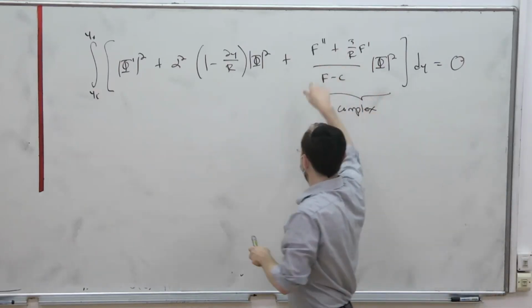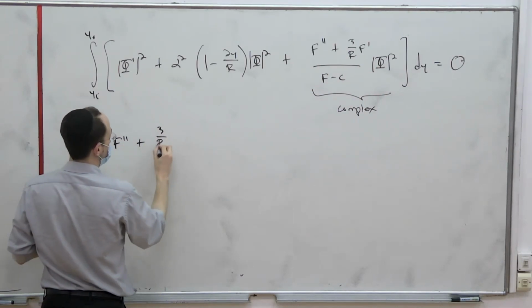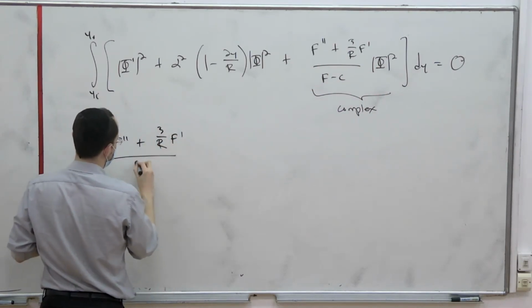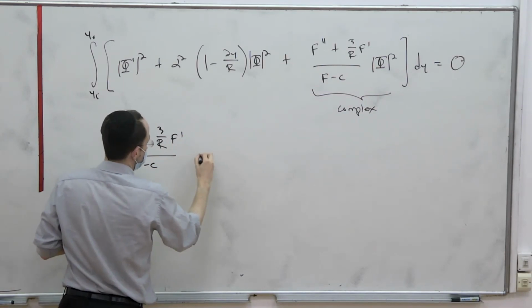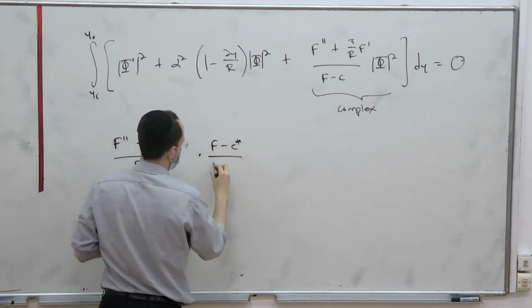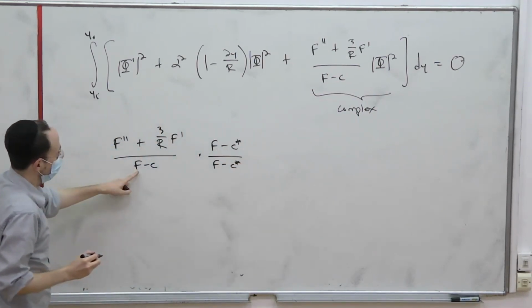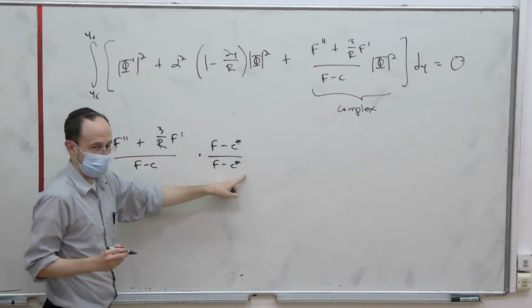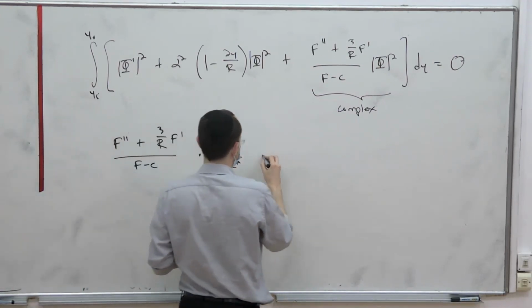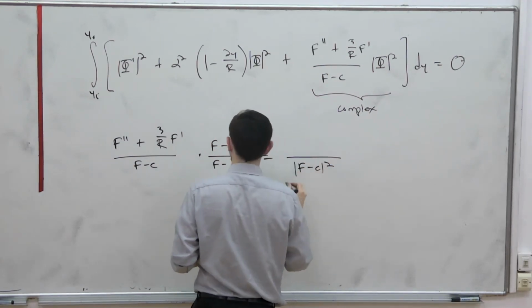And that's going to be the trick to simplifying this. So let's rewrite this term. It's f double prime plus 3 over r f prime over f minus c. We multiply this by f minus c complex conjugate. So f minus c times f minus c complex conjugate. That's going to give you the magnitude of f minus c squared, right?